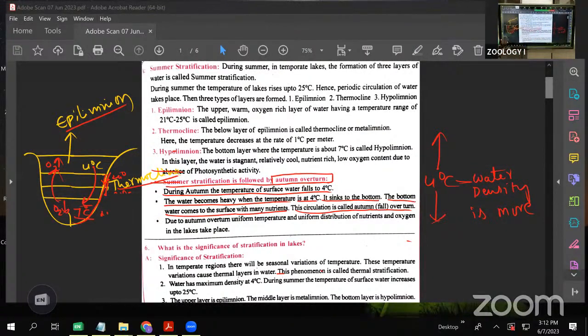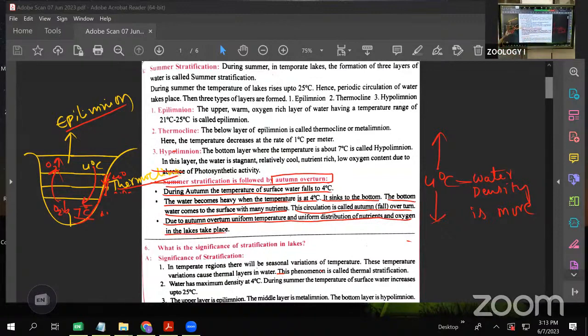Overturn means stirring. The upper water comes down and the down water goes up. That we call stirring. Clear?